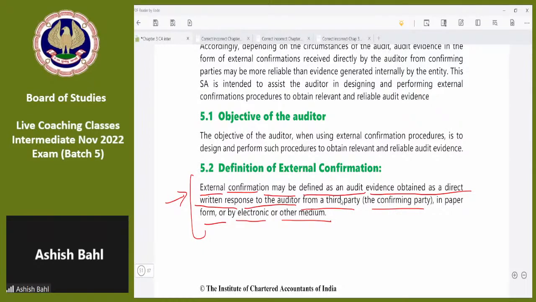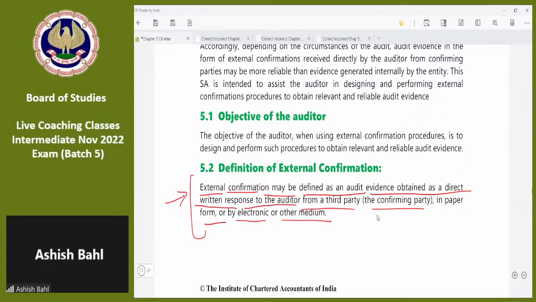However, it has to be a written response. It cannot be oral, because then it will not be external confirmation. So external confirmation is the audit evidence obtained as a result of direct written response to the auditor.